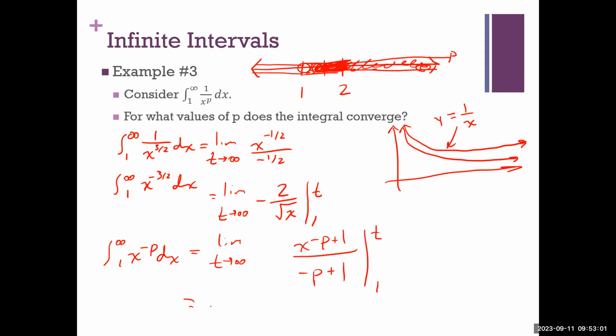If I put a t in there, I should get t to the negative p plus 1 over negative p plus 1, minus 1 to the negative p plus 1, which is 1, over negative p plus 1. If I start simplifying, I want to bring that t back down to the denominator so I can give it a positive exponent.